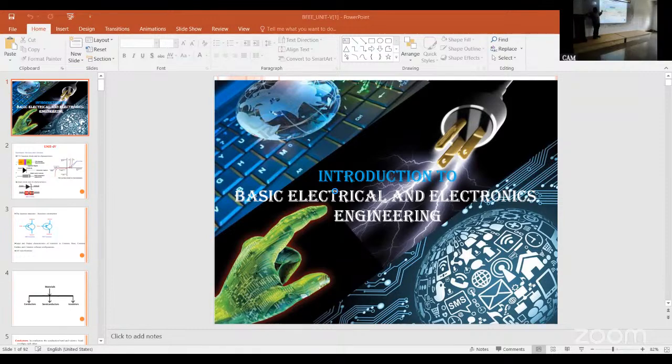Semiconductors are classified as intrinsic semiconductor and extrinsic semiconductor. What is meant by extrinsic semiconductor? Adding impurities to the intrinsic semiconductor makes it an extrinsic semiconductor.